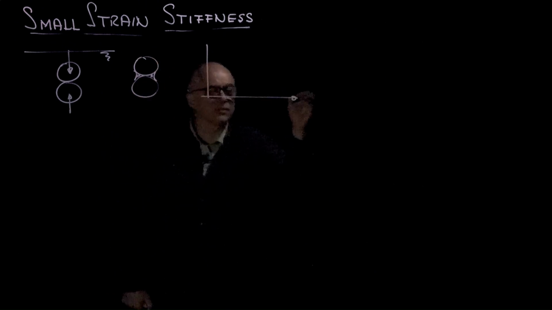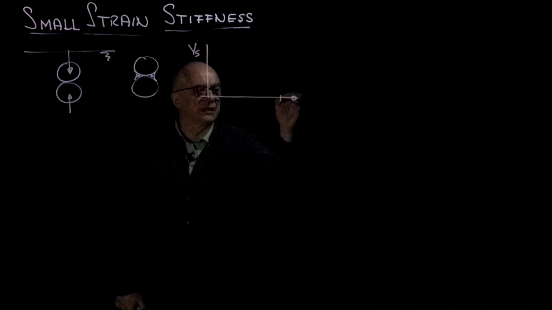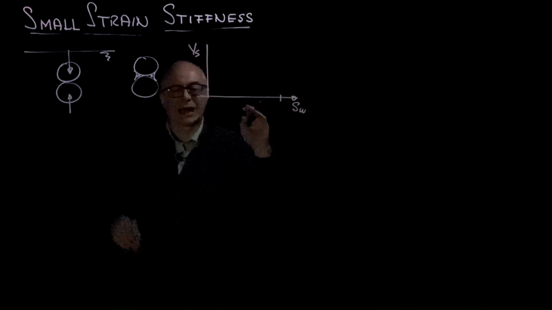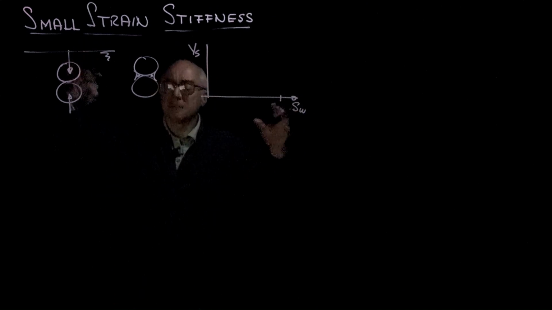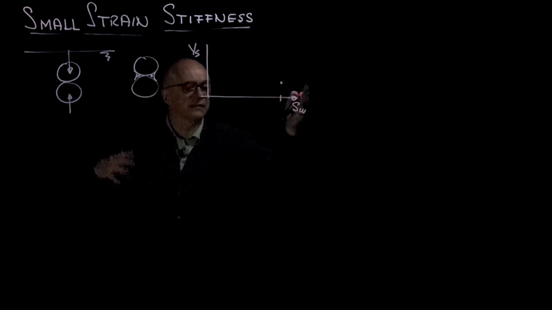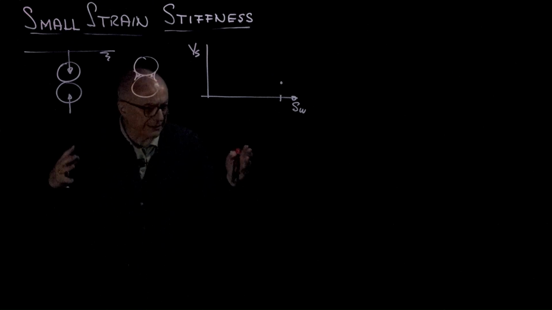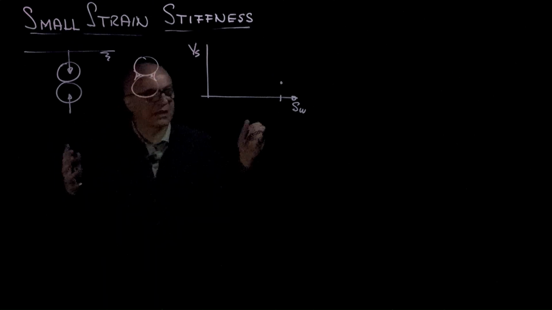So if I plot the shear wave velocity versus the degree of saturation under constant boundary stresses, you're going to see that the shear wave velocity at the beginning may start at high degree of saturation and 100 kilopascals, may start at 150 meters per second.